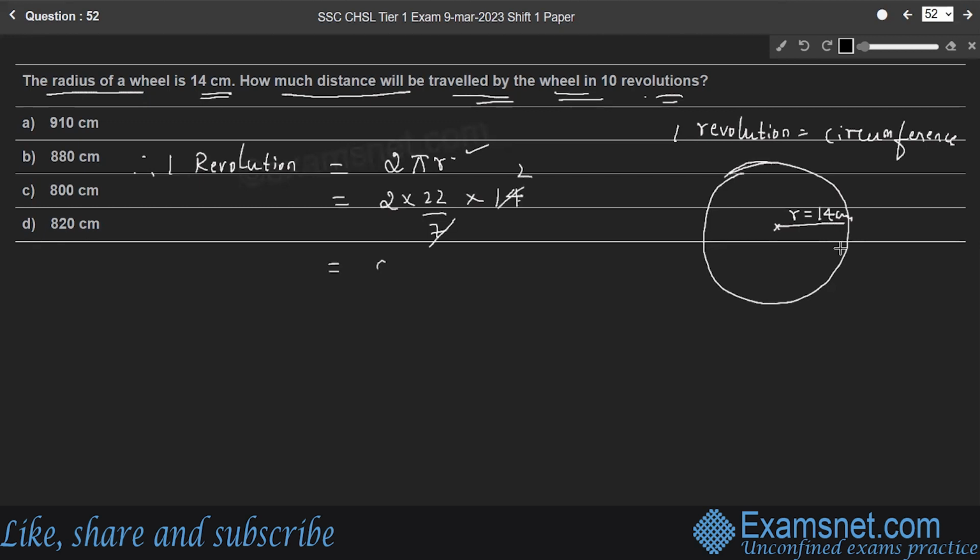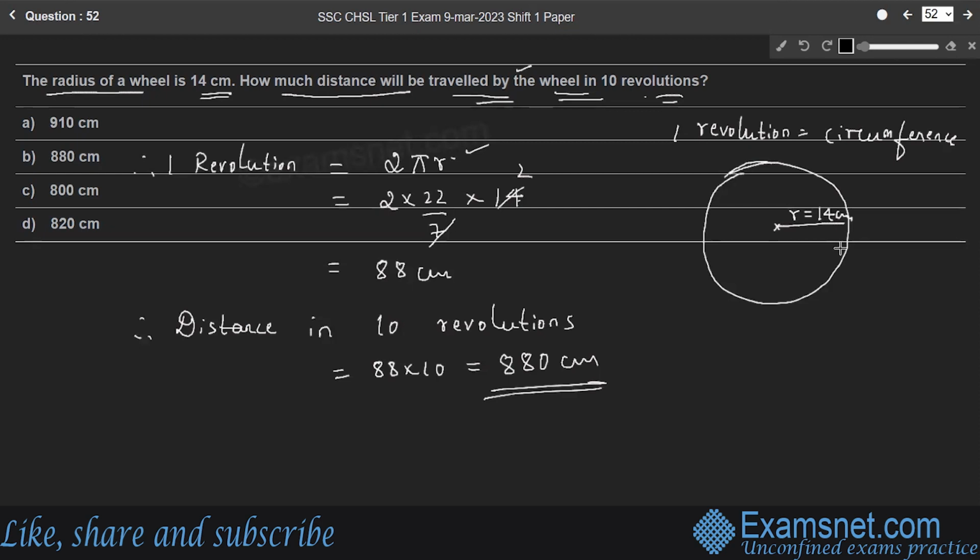Therefore, it is 88 centimeter, the distance traveled by the wheel in one revolution. Therefore, distance in 10 revolutions is equal to 88 into 10, which is 880 centimeter. Therefore, option B is the right answer.